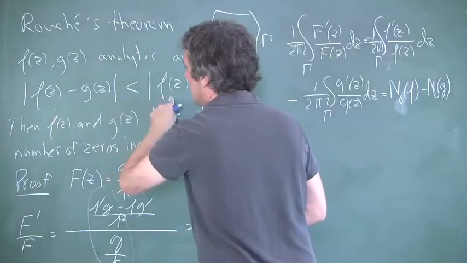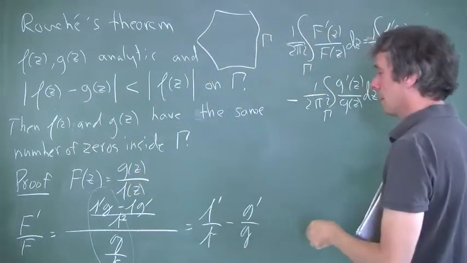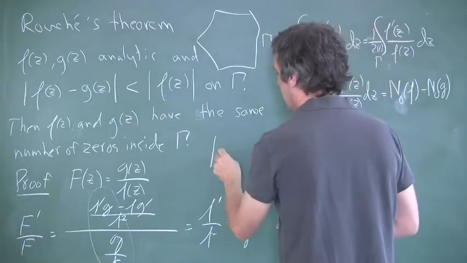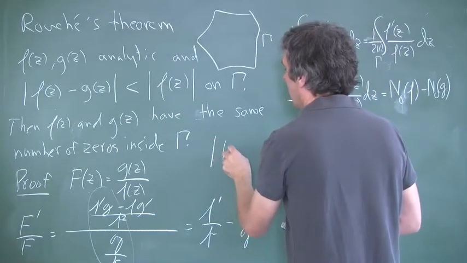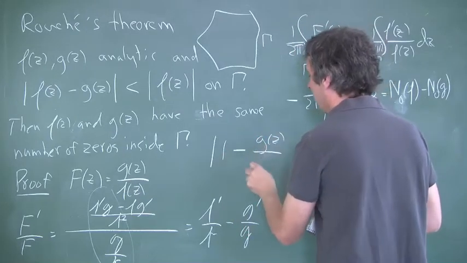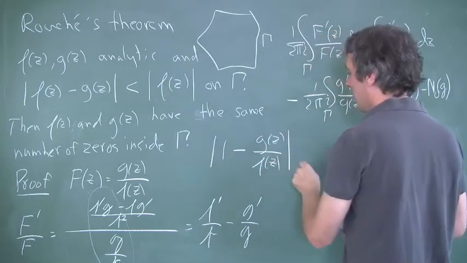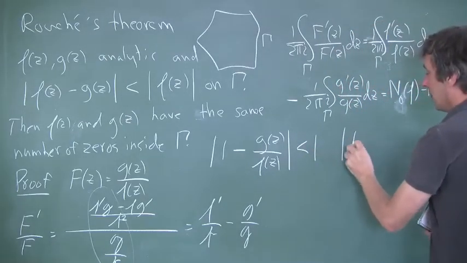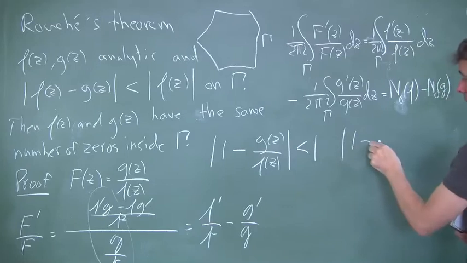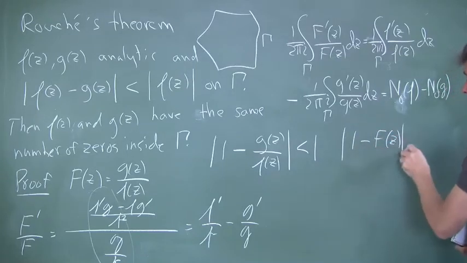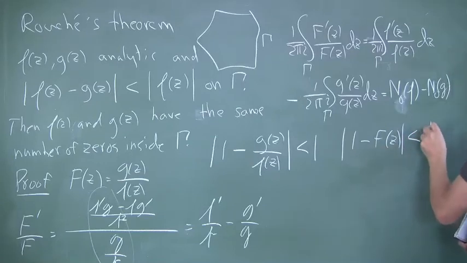You see, if we take this inequality and divide by the right-hand side, then we see that we get the absolute value of g of z divided by f of z always less than 1. Or, in other words, that the absolute value of 1 minus capital F of z is less than 1.